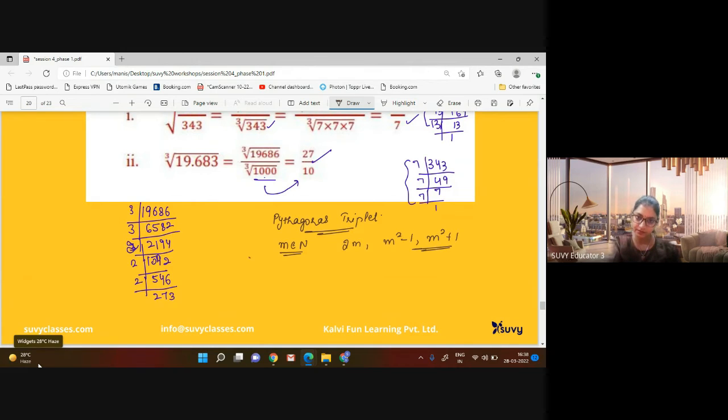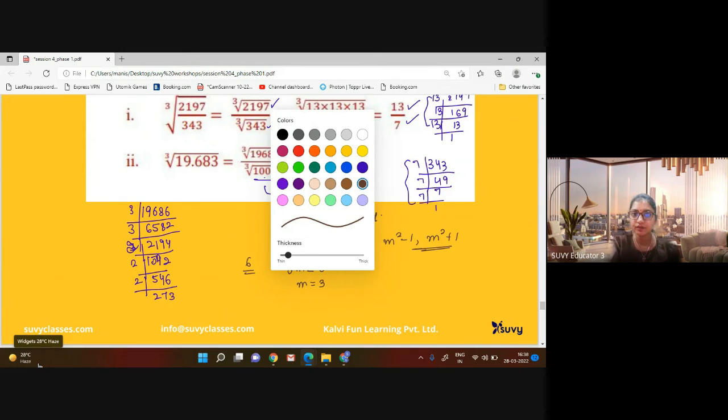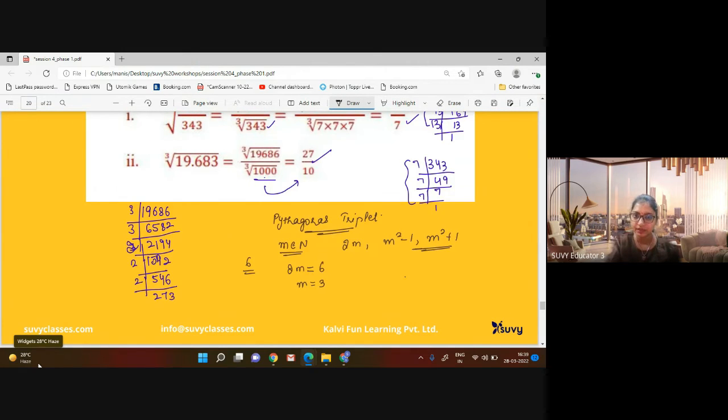For example, 6 is a number. So 2m is 6, so m is 3. When m is 3, m squared minus 1 is 9 minus 1, which is 8, and m squared plus 1 is 9 plus 1, which is 10. It means 6, 8, 10 is a Pythagorean triplet.